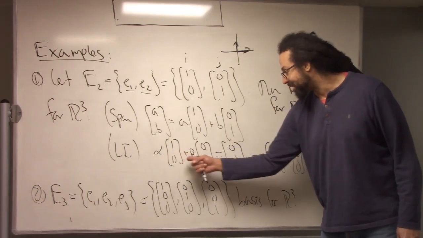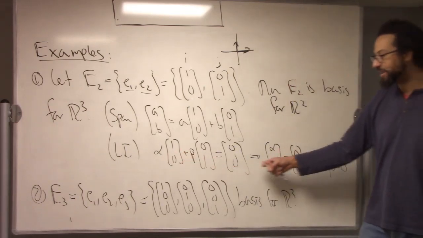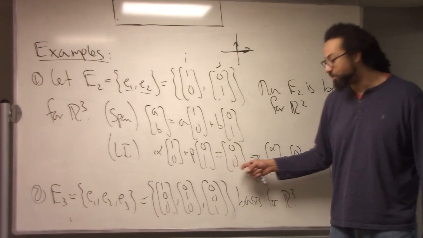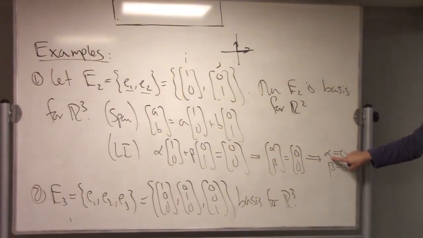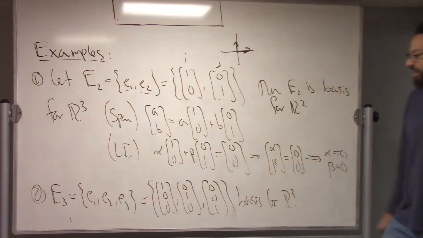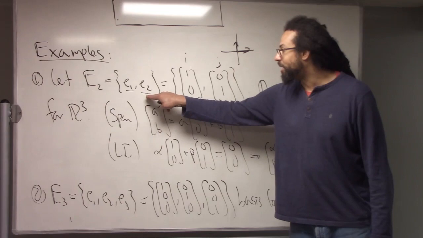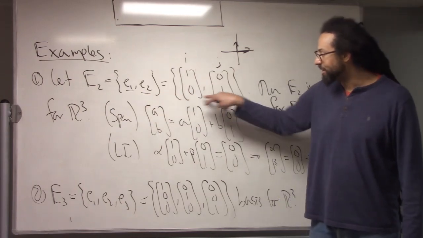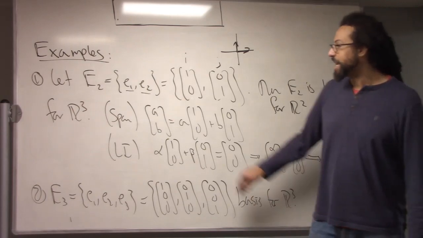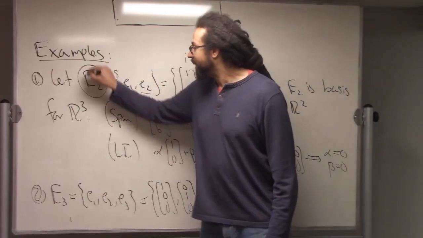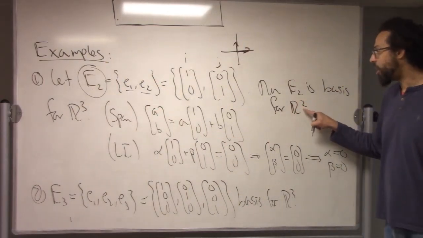This is the vector (alpha, beta). So that's got to be equal to (0, 0). And that forces alpha to be 0, and it forces beta to be 0. So this set, e1, e2, or i and j, these two basis vectors, are linearly independent. So that shows that E2 is a basis for R2.